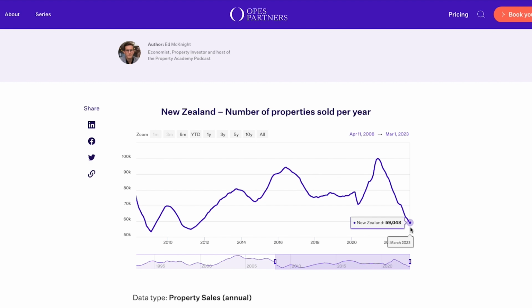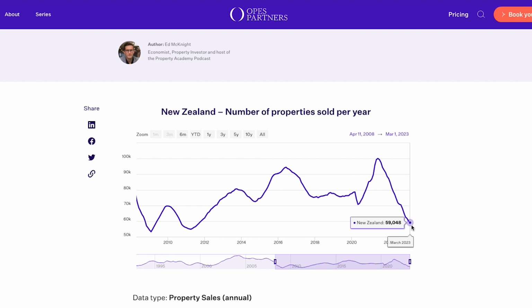So currently, the number of properties selling per year is 11% above our lowest ever point, but our population has grown by 20%. So right now, we've got the fewest properties selling per head of population, or per 100 people in New Zealand, that it's ever been over the last 32 years that we've actually got good data for. And so I do think there's a natural limit to how far down this line is going to go and how few properties are going to sell. Eventually, we are going to see a rebound.